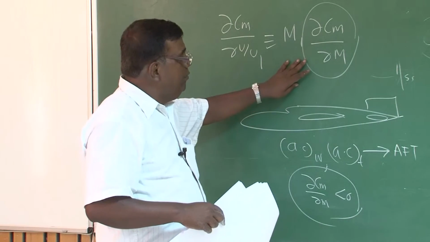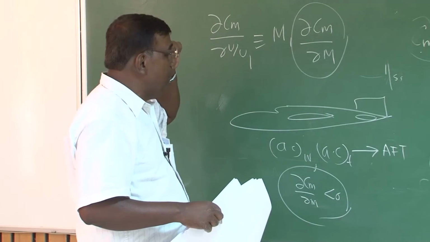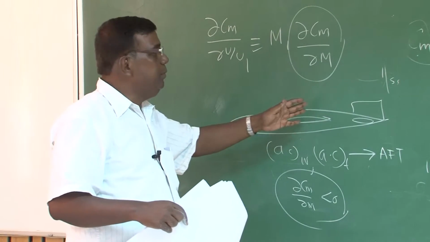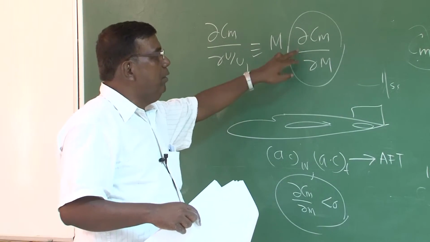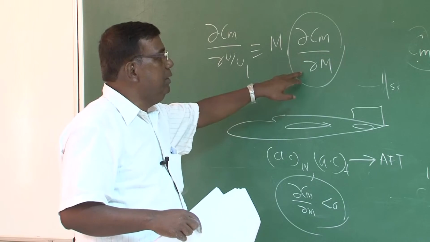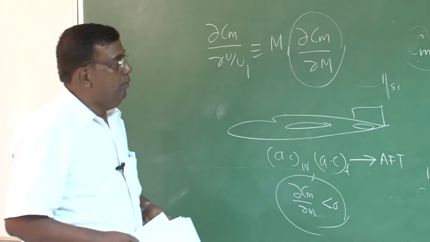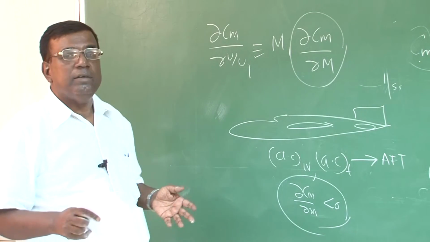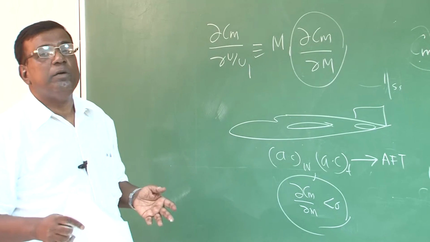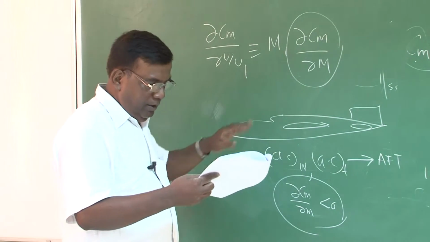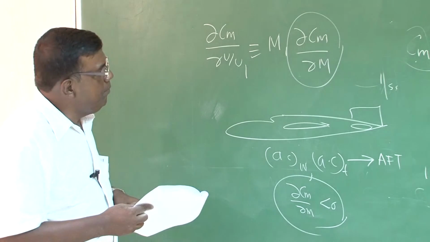So from that point of view, again you see, whether you are at a lower subsonic speed or you are going to supersonic speed, you need to be very careful about this derivative dCm by dM, which you can estimate once you know how the aerodynamic center is changing with respect to the Mach number. So that is also an extremely important derivative.